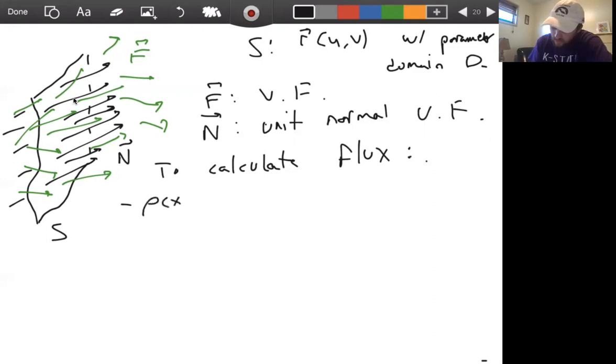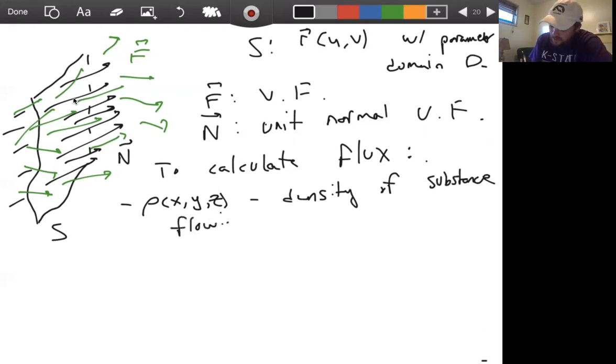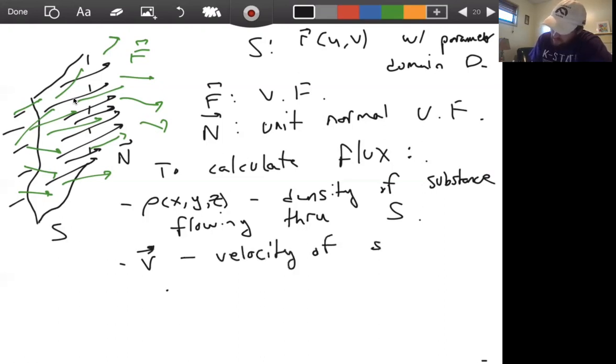So let's define rho of XYZ to be the density of the substance flowing, I like that word better, through the surface S. And we also need the vector field v, which gives us the velocity of the substance flowing through S, right?